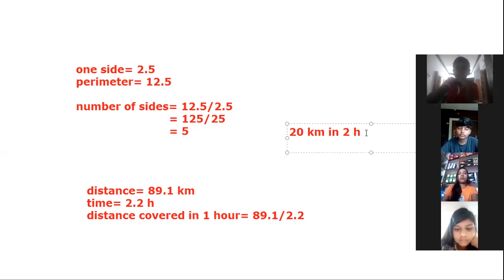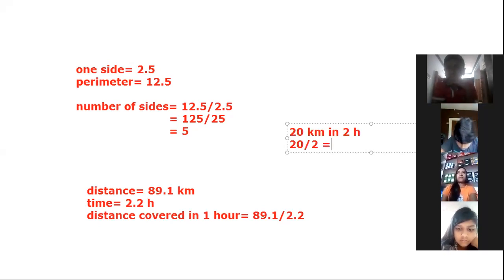Then what should be the distance you have covered in 1 hour? It should be half. Yes. That is, you should cover 20 divided by 2. 20 divided by 2 is equal to 10 kilometer.